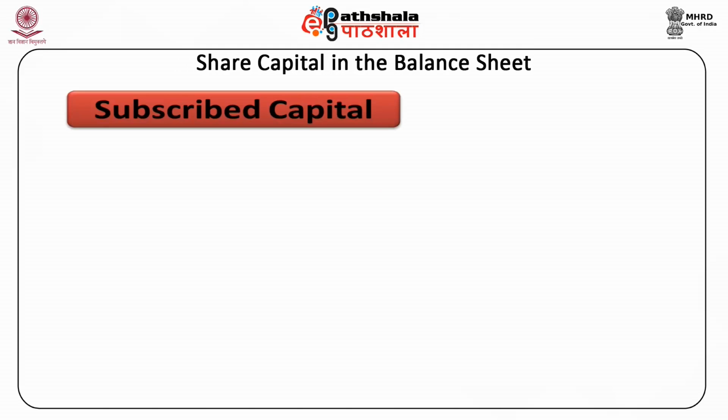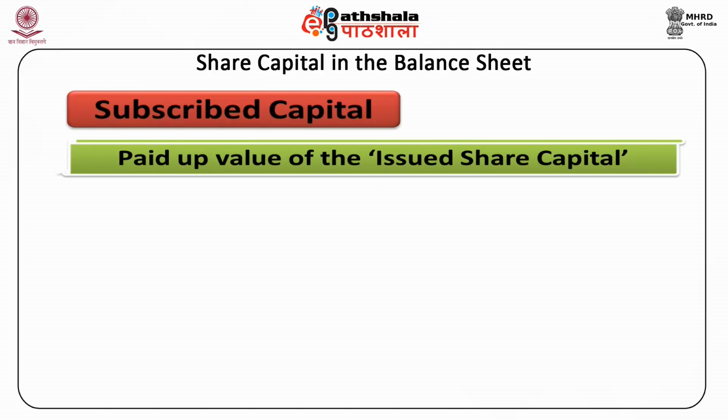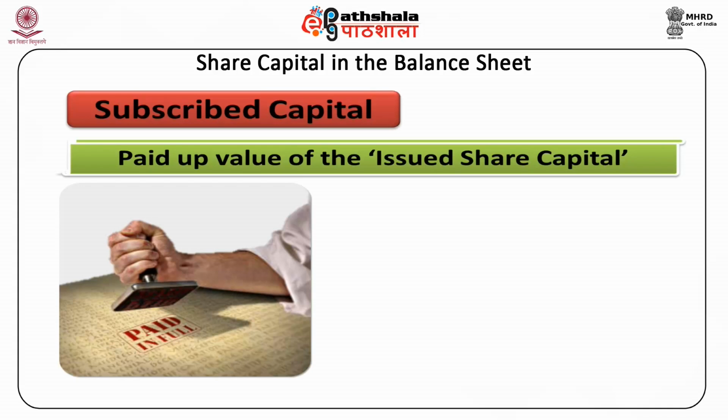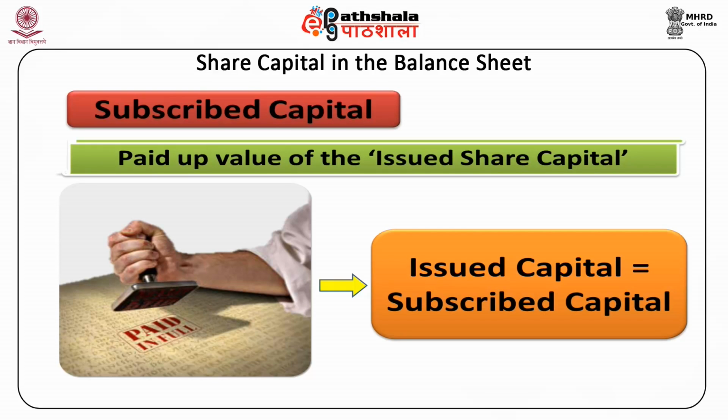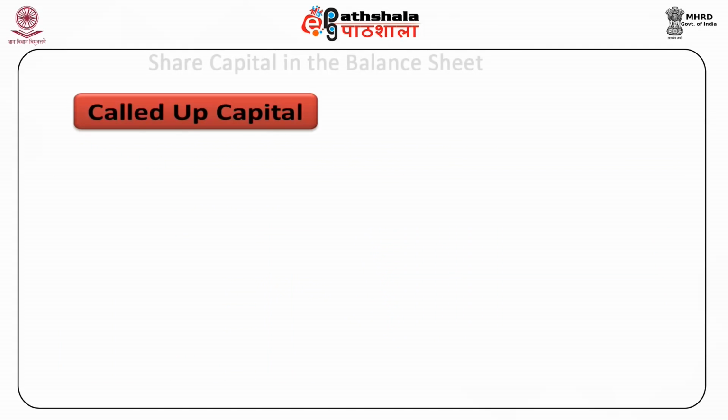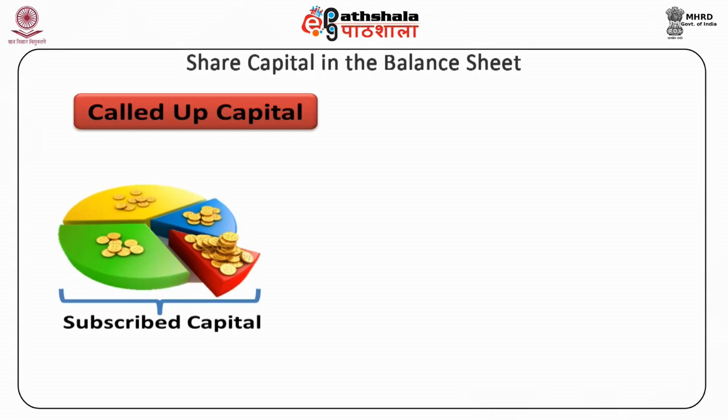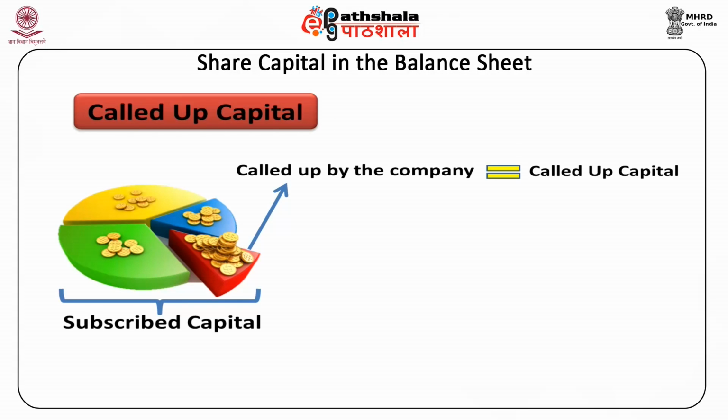C. Subscribed capital. It represents the paid up value of the issued share capital. In case the shares are fully paid, the issued capital and the subscribed capital will be the same. Called up capital. It is that portion of the subscribed capital which has been called up by the company.